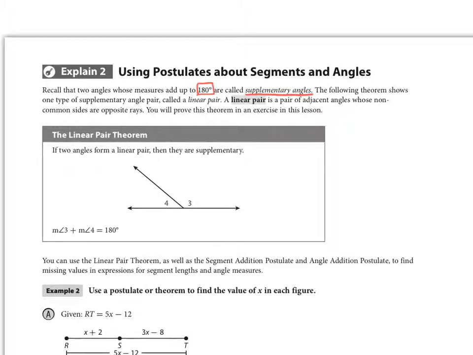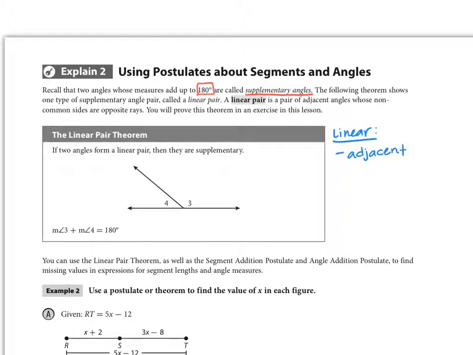So definition of a linear pair. Let's write that down over here to the side. So linear pair, I'm going to try to explain it more simply than the way it's stating it there at the top. So the first part is it does say it needs to be adjacent.